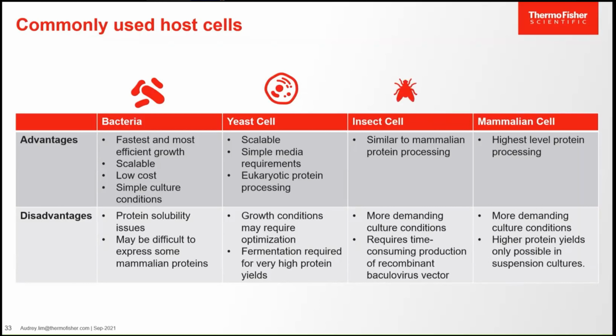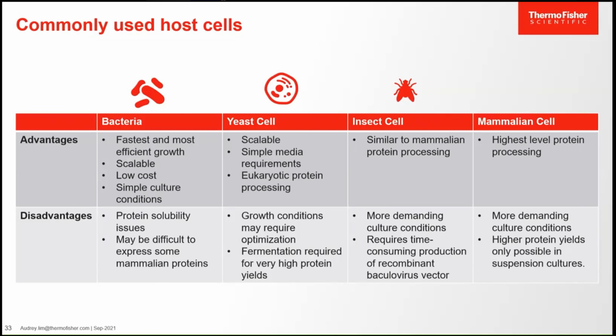Insect cells are a popular choice for protein expression using the baculovirus expression system, because these cells are able to express large quantities of protein with complex post-translational modification. However, the culture conditions are more demanding, and the production of the recombinant baculovirus vector may take time.